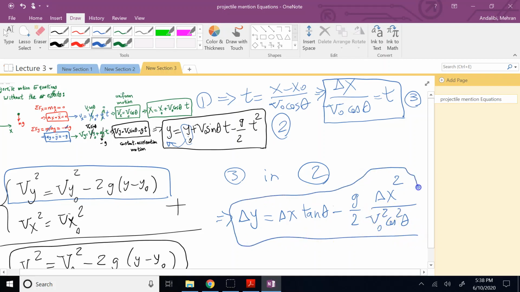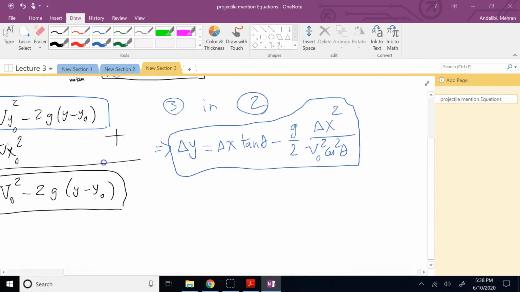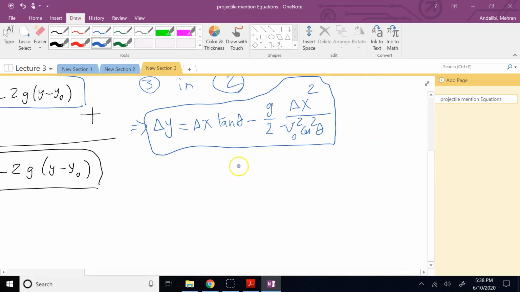So you're going to get this very, very important equation where there is no time. It's only between y and x. And if you plot this in the xy plane, you want to know what kind of shape is a trajectory.